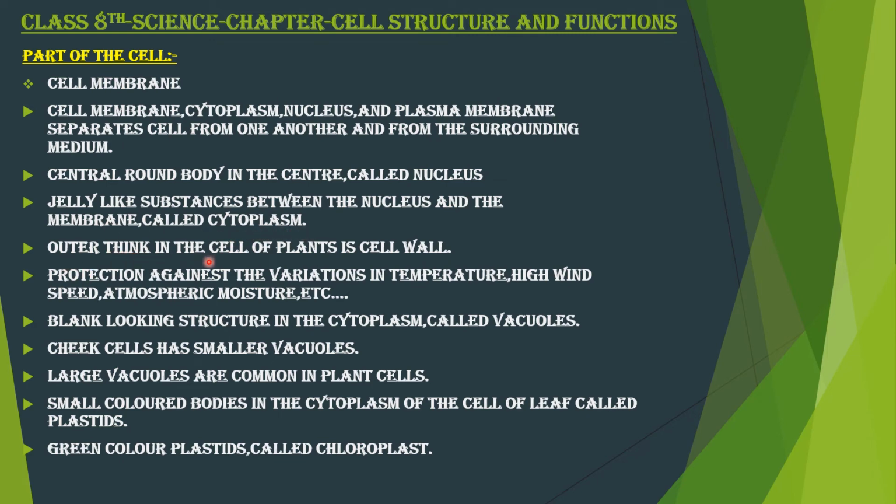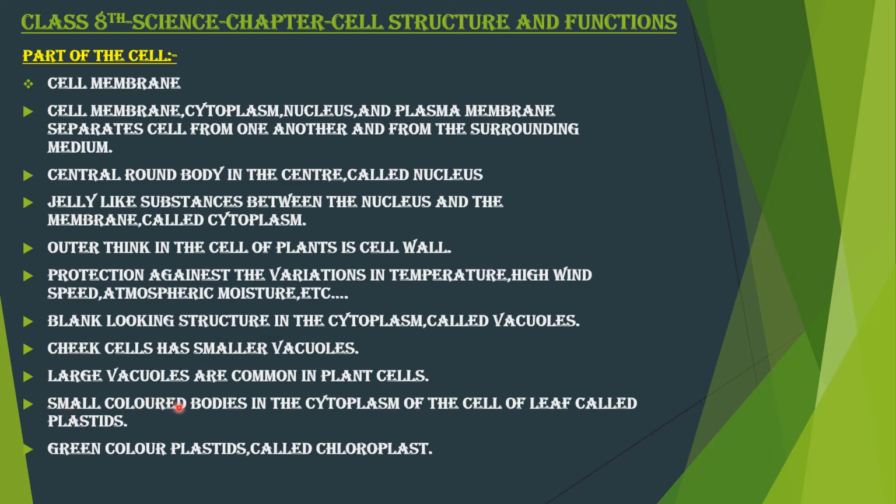The thick outer covering in the cell of plants is the cell wall, which gives protection against variation in temperature, high wind speed, atmospheric moisture, etc. Blank-looking structures in the cytoplasm are called vacuoles. Cheek cells have smaller vacuoles. Large vacuoles are common in plants.